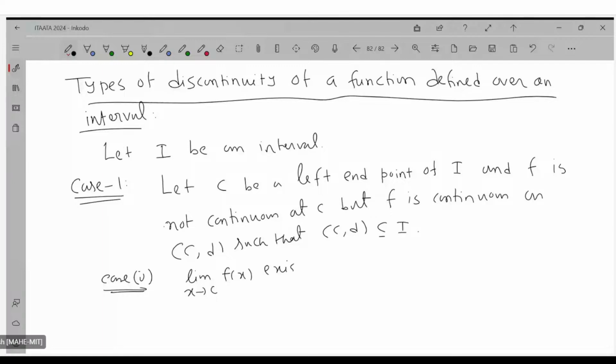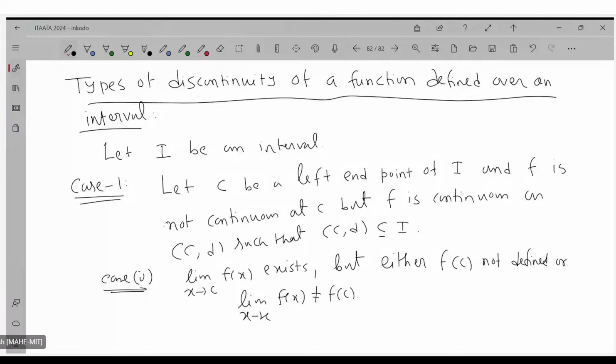So this limit exists, but either f of c is not defined at the point, or this value is not equal to f of c. Okay. But either f of c is not defined, or limit x tends to c of f of x is not equal to f of c.